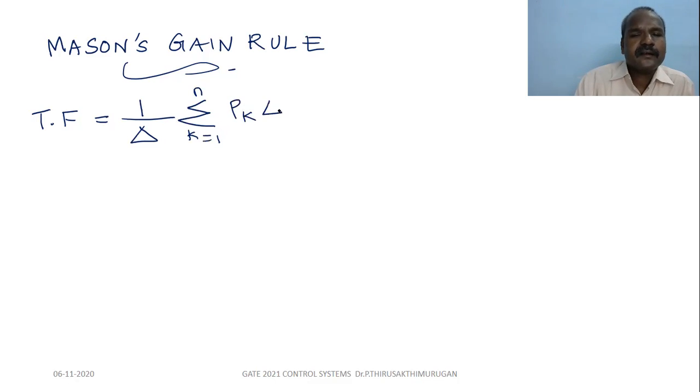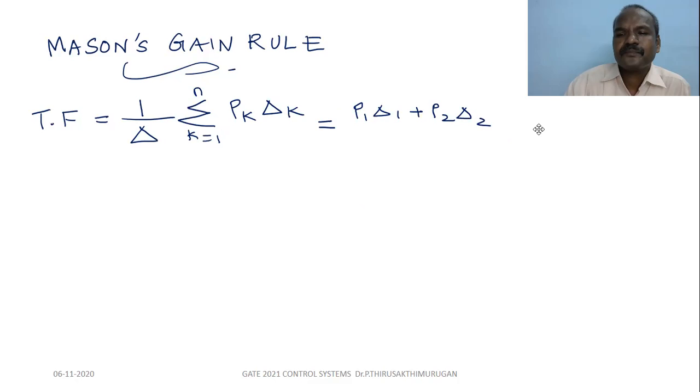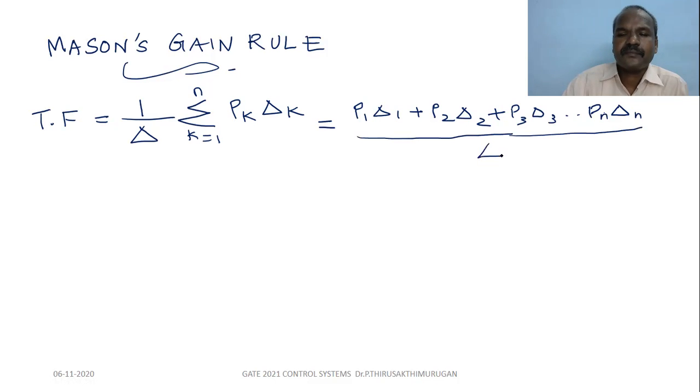This can be expanded as P1 delta 1 plus P2 delta 2 plus P3 delta 3, and so on up to Pn delta n, divided by delta.